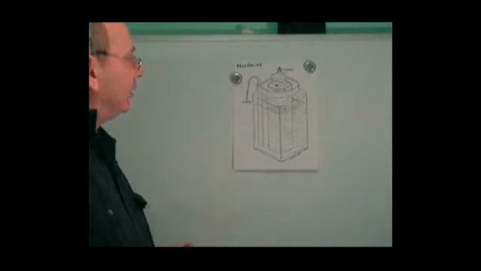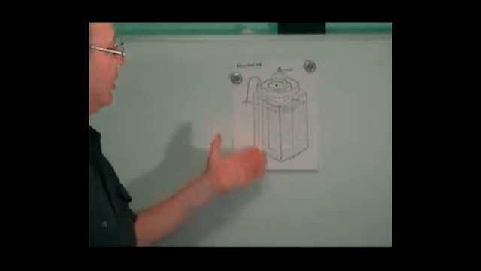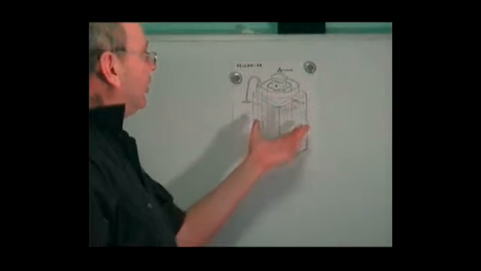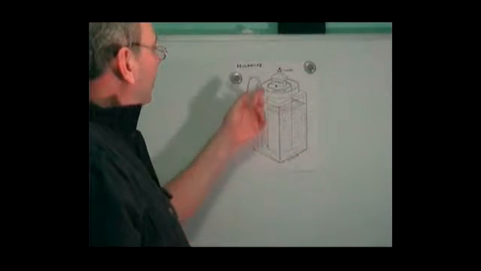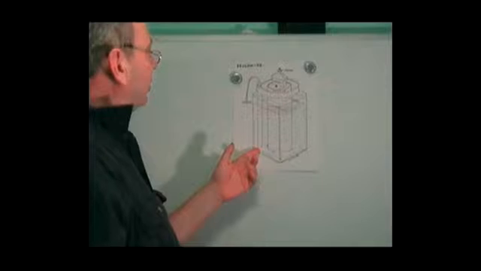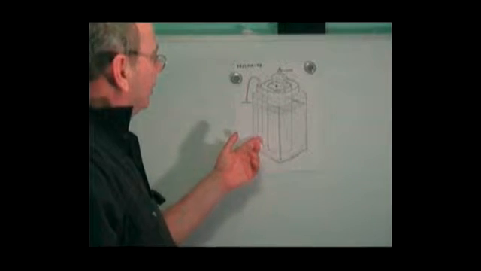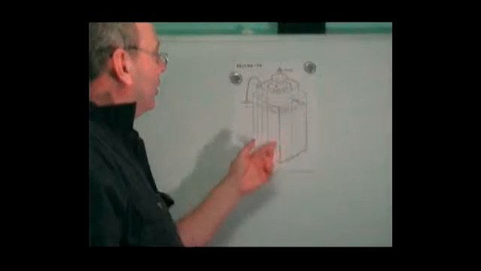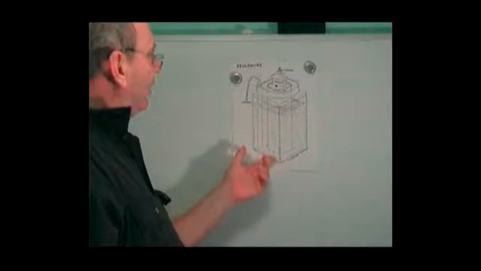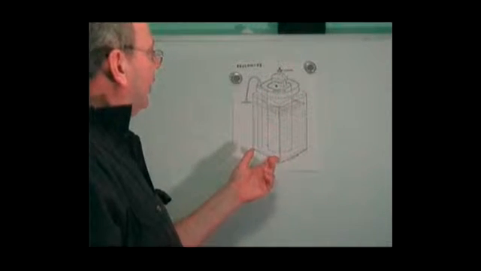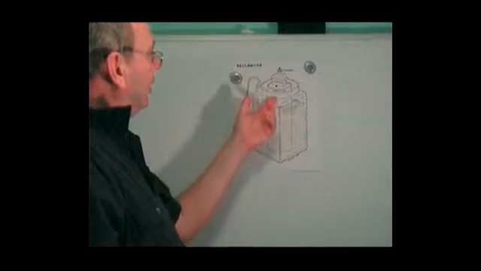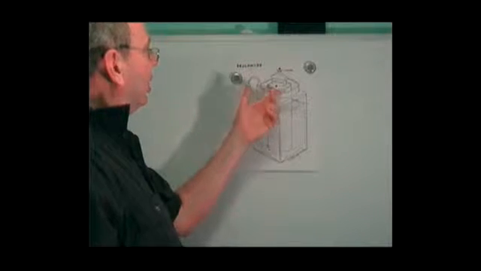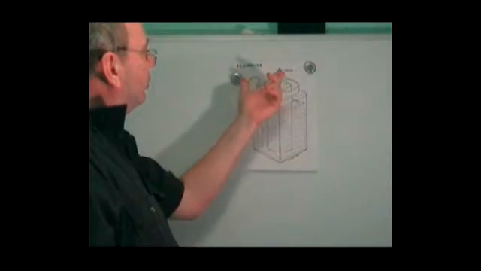And the Leclanché cell is basically a glass jar. Inside the glass jar is a zinc electrode, and then there's some fluid, an electrolyte fluid. And there's a clay pot inside there, and inside that's some carbon, and those are the two terminals.